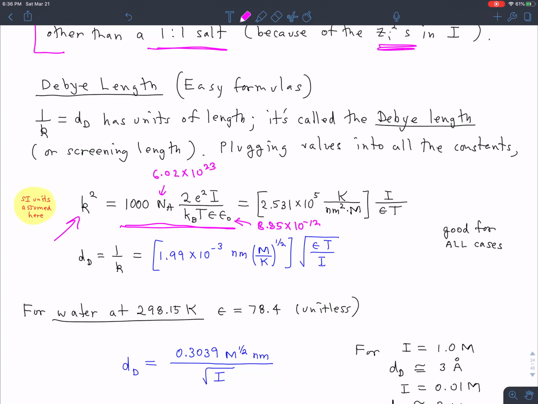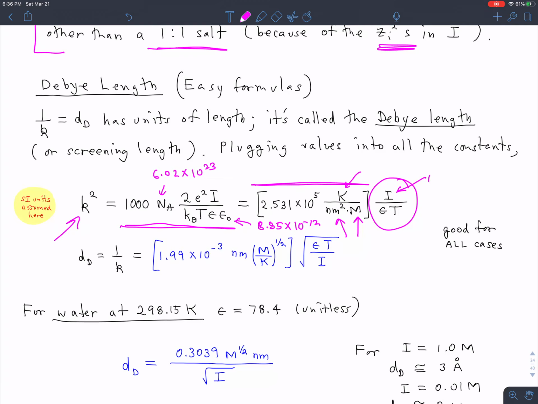So it's a mess of a calculation, but it's all fundamental constants. So let's just gather all the fundamental constants together and separate out all the stuff that changes from situation to situation. If you do that, you get this number, 2.531 times 10 to the 5th. Units on that number are degrees Kelvin divided by nanometers squared divided by molar.